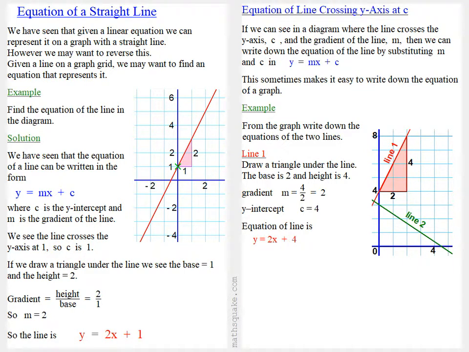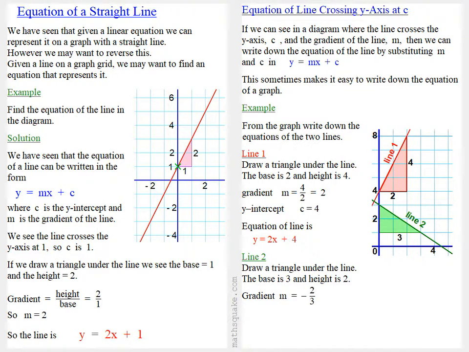If we look at line 2, we can draw a triangle under the line. Now the base of this triangle is 3, and the height of the triangle is 2. But the line is sloping downwards, so the gradient is the height over the base, which is 2 over 3, but minus, because it's sloping down. And so the gradient m is equal to minus 2/3.